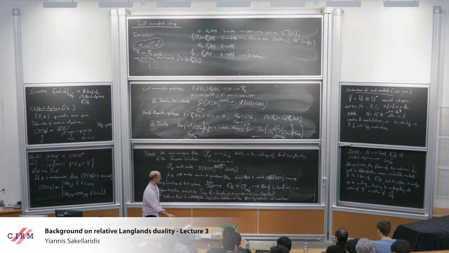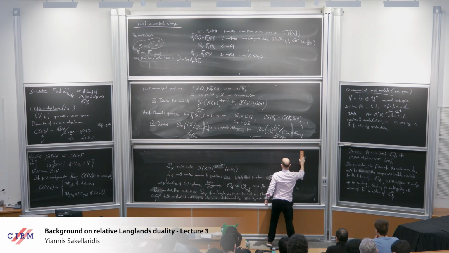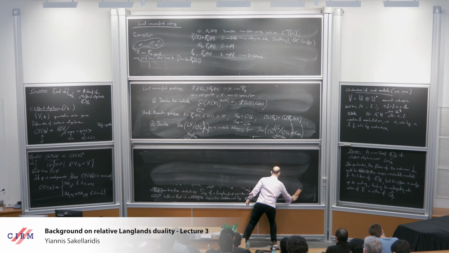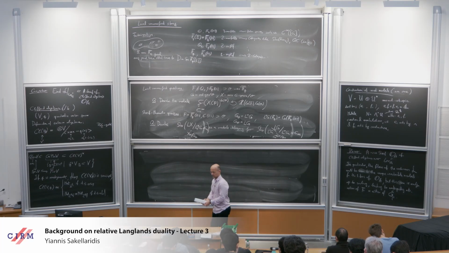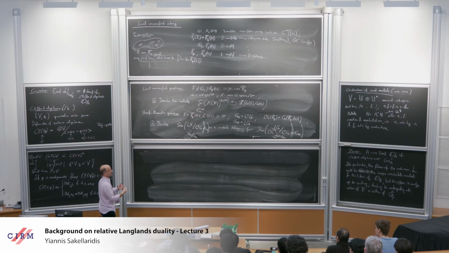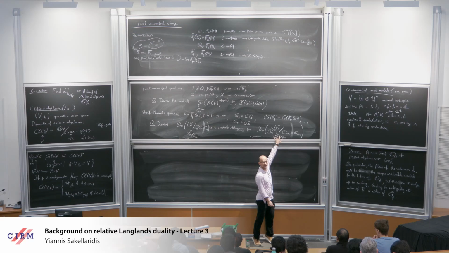Now, most people in the audience must be familiar with the geometric Satake isomorphism, which tells you that G_O-equivariant perverse sheaves on the affine Grassmannian are a Tannakian category equivalent to the category of representations of the dual group.